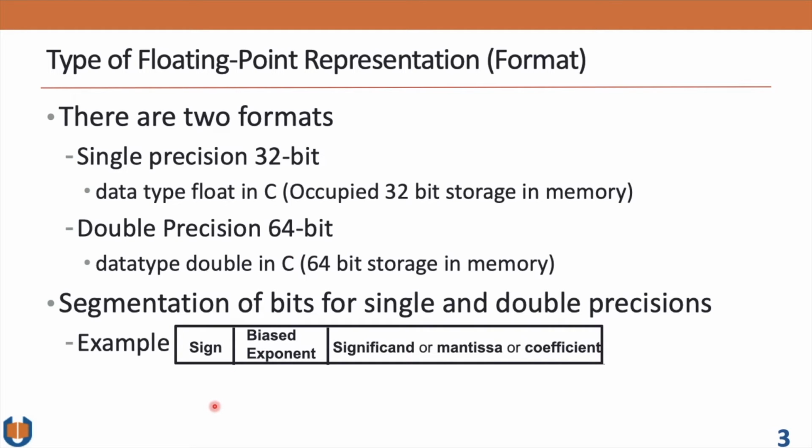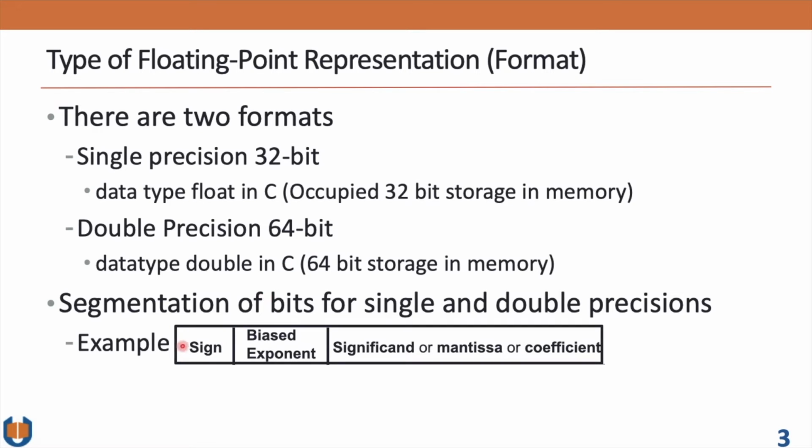Now the last part of the question is, we have 32 bits, but how do we segment these 32 bits into the basic parts: what will be the exponent, what will be the coefficient, and what will be the sign part. This 32 bit or 64 bit is basically segmented into three parts.